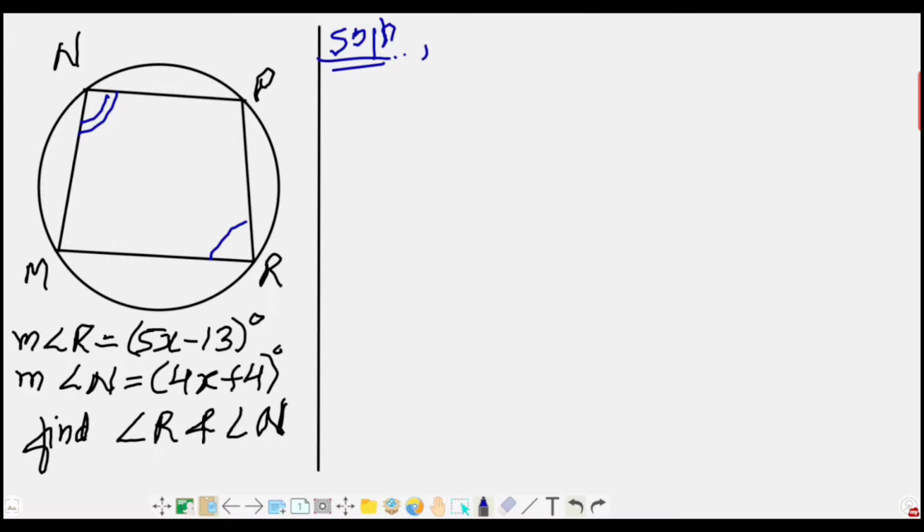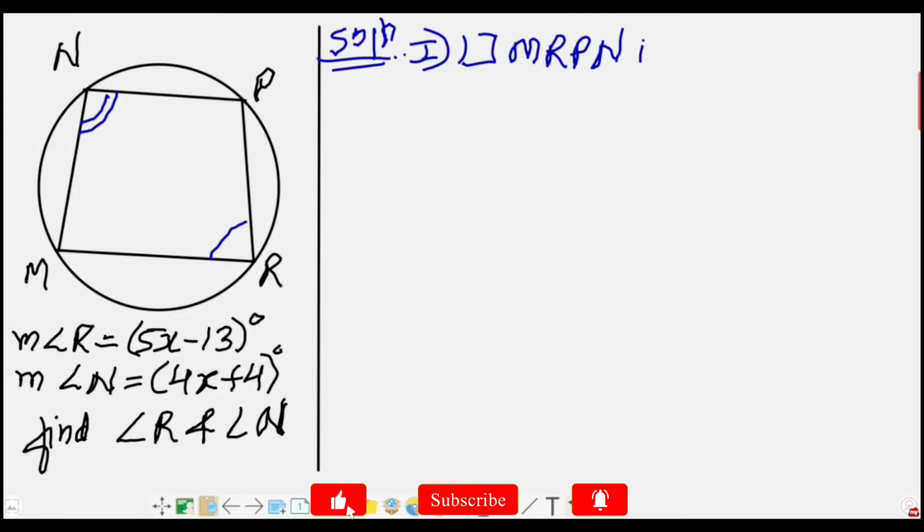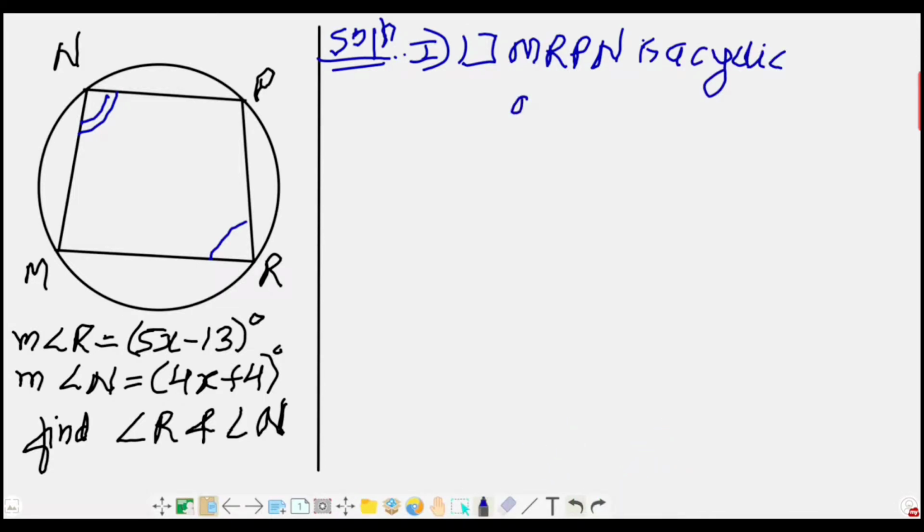Now the very first step: quadrilateral MRPN is a cyclic quadrilateral.